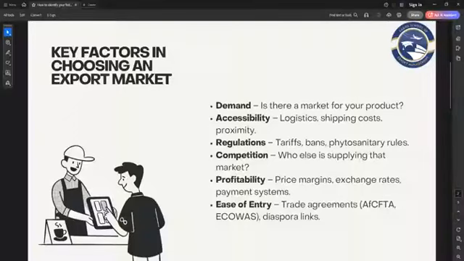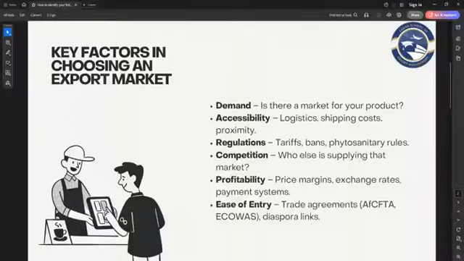The bans are actually really important because sometimes a country can place a ban on a particular product that you don't even know about, and sometimes you would make your shipment and the container is actually on the way, and before it gets there, there is an announcement to ban such products from entering into the country.